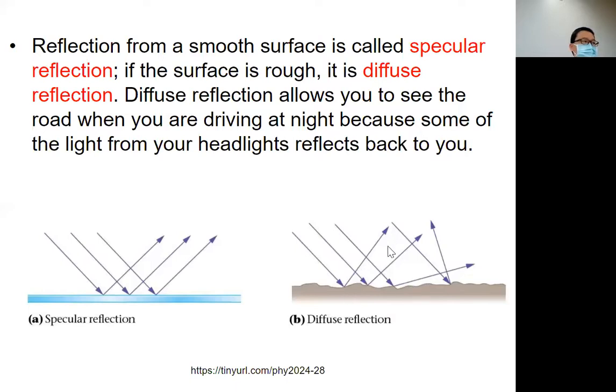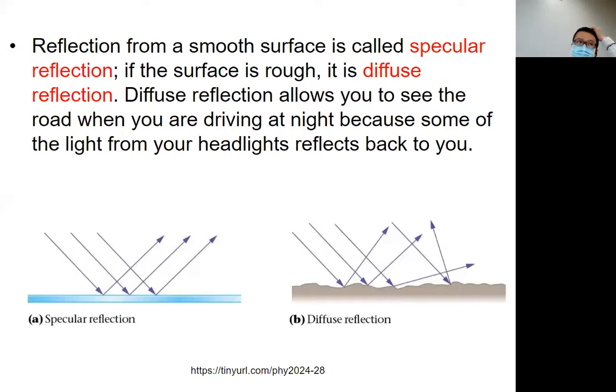Therefore, reflected rays will be scattered in random directions. They are not parallel as a smooth surface would do. A smooth surface gives what we call specular reflection. A rough surface gives diffuse reflection.